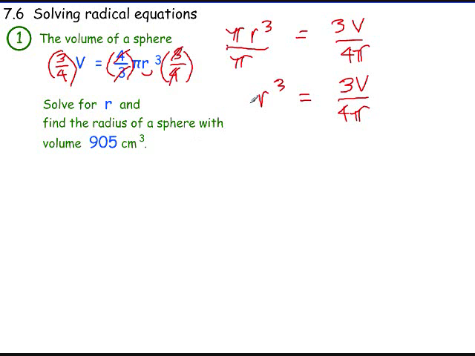I don't want to know what r cubed is, though. I want just what r is. So I'm going to take the cube root of that. And you know what I do to one side, I have to do to the other. So here's my r. We said we were going to solve for r. Here it is. It's not very pretty.